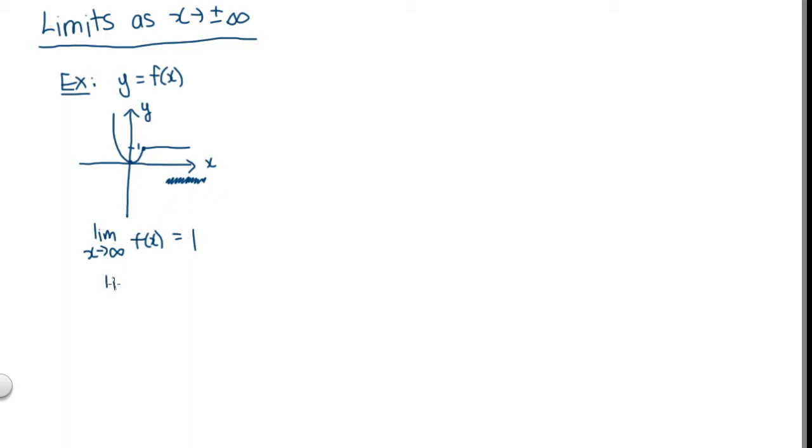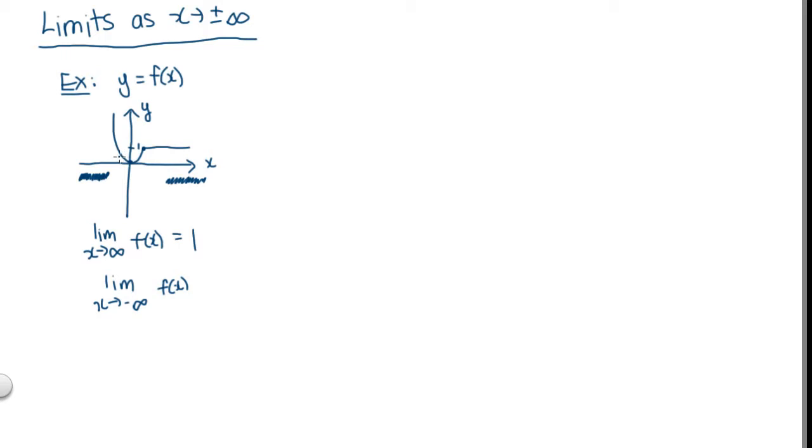If we wanted to calculate the limit as x goes to negative infinity of our function, then we need to look at what is happening as the x values are getting increasingly negative here. We need to figure out what is happening to the y values as x goes to negative infinity.